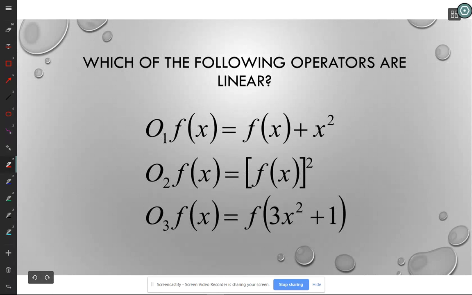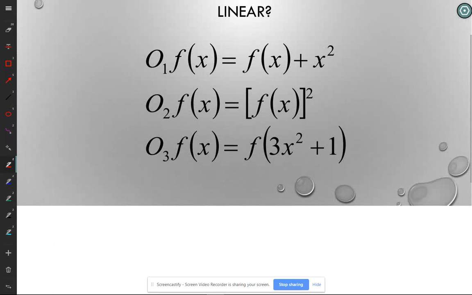Function number 1. The operator acting on function of x is function of x plus x squared. So by show of hands, how many people think that's going to be linear? How many people think it's not going to be linear?